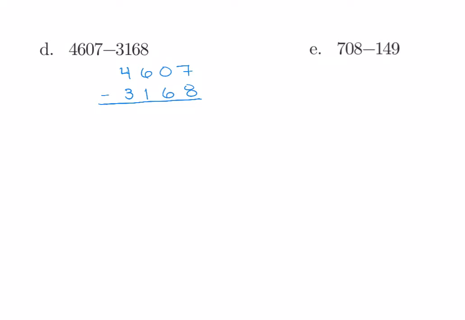So if we go ahead and do what we were doing before, we get 7 minus 8. I cannot do 7 minus 8, so I have to borrow. Can I borrow from 0? Well, the answer to that is no, because it's 0. So we need to extend over and borrow from the 6.